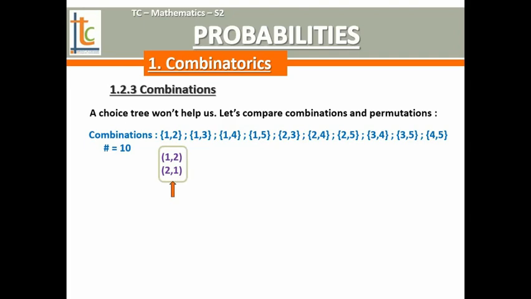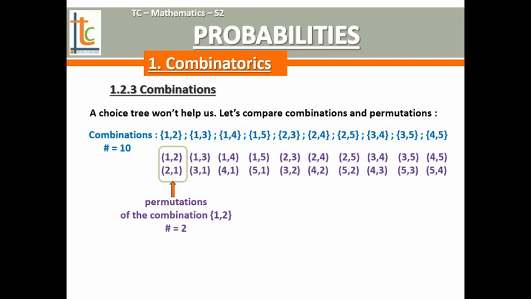So let's recall that permutations take the order into account. You've got two permutations for each combination of the list. And you are just going back to your 20 permutations that you've seen earlier. So if you want the number of combinations, you have to divide the number of permutations by something. Here it will be by 2.